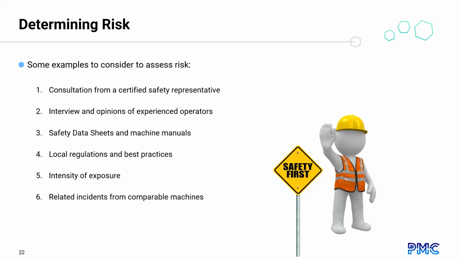It's important to also consider the intensity of operator exposure to the hazard, and also analyze related incidents from similar machines and similar equipment. So here we have six examples that can be considered in the risk assessment and help to determine risk.